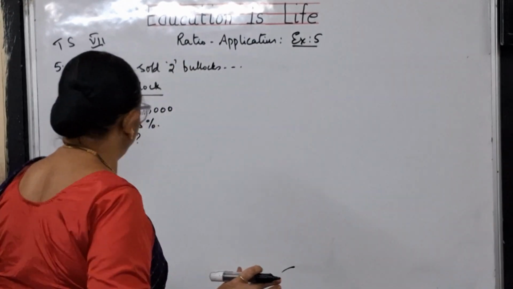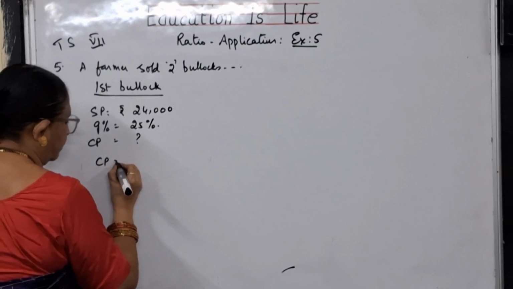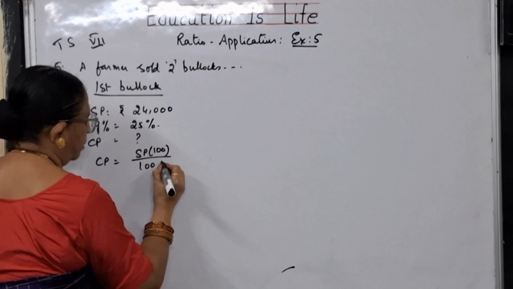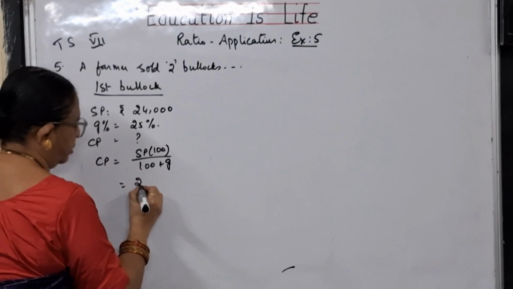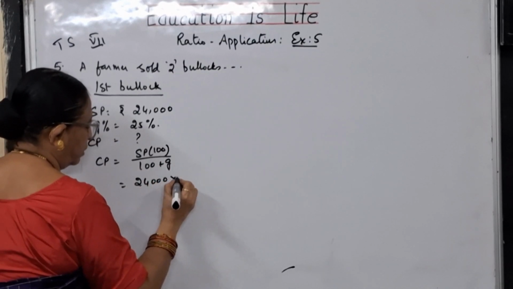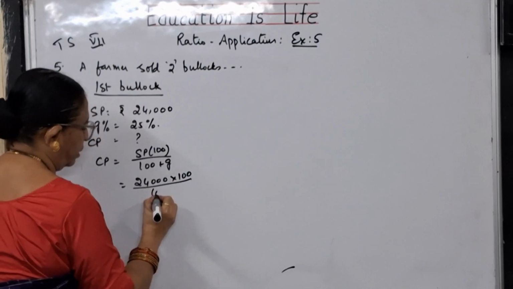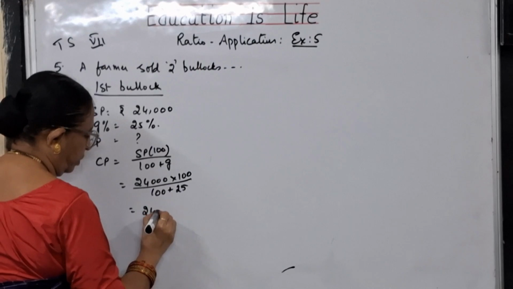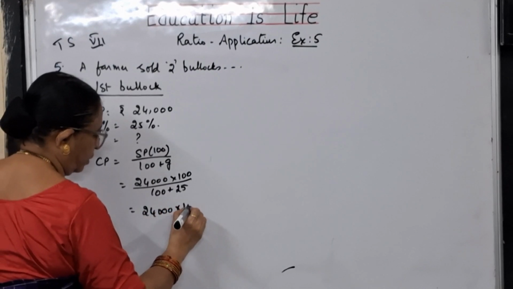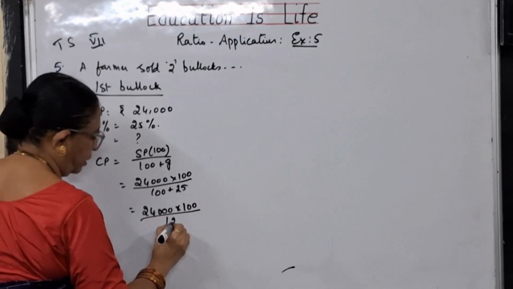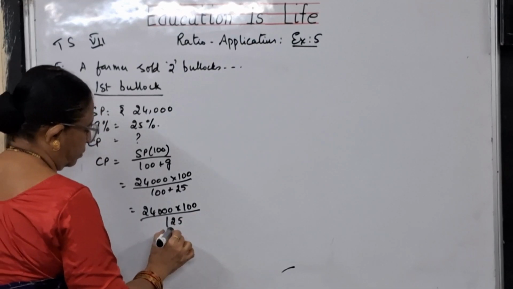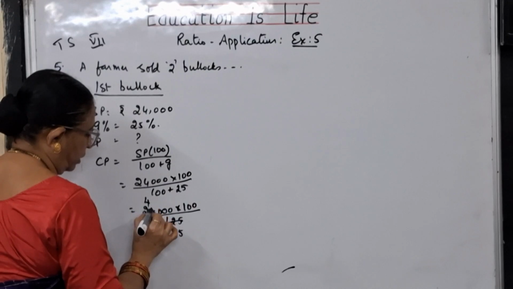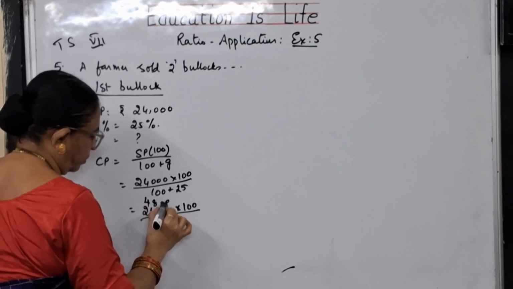So for the first bullock, what is the cost price? Cost price formula: selling price into 100 by 100 plus gain. So selling price is 24,000 into 100 by 100 plus 25, that is 24,000 into 100 by 125. So 5 2s are 10, 5 5s are 25, 5 4s are 20, 5 8s are 40, 2 zeros.